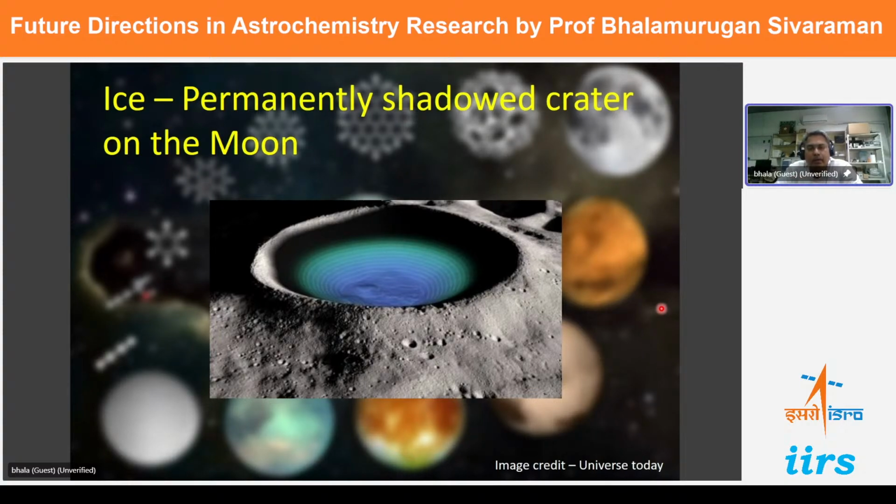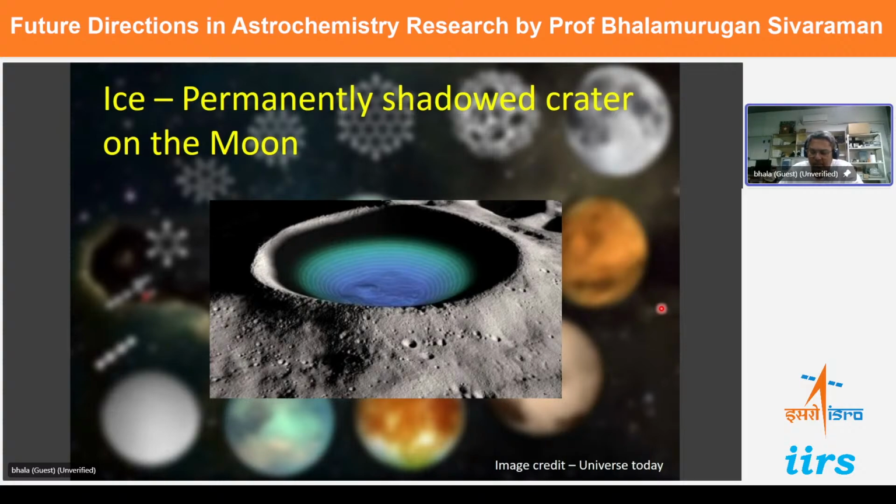But instead of moving much further away from the inner solar system, is there a place in the inner solar system where you can look at the conditions that you get on Jupiter's moons or Saturn's moons? Certainly, yes. If you look at the permanently shadowed craters on our own moon, the temperatures are very, very low. So you are looking at an analog condition of Jupiter's icy moon or Saturn's icy moon.